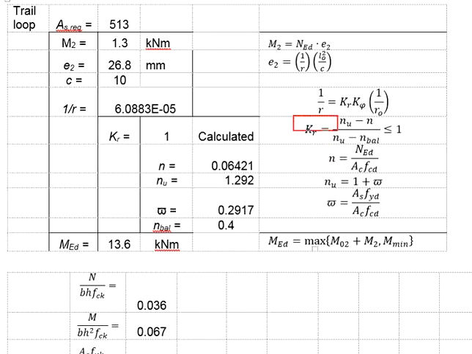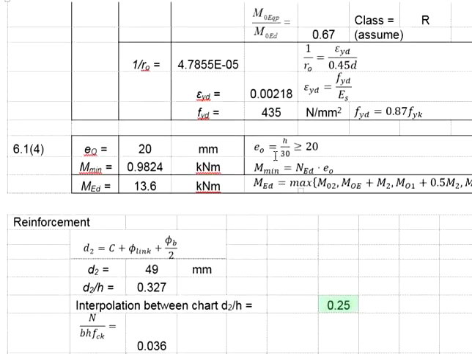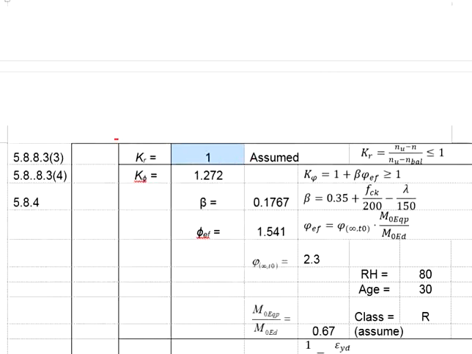Substitute the value into the equations of KR, and KR should not be greater than 1.0. In this case, when you calculate this, the KR is actually more than 1.0 and it is kept at 1.0. Therefore, we will take the KR equal to 1.0. This value here will be the same as what we have assumed previously, where the KR equals 1.0.